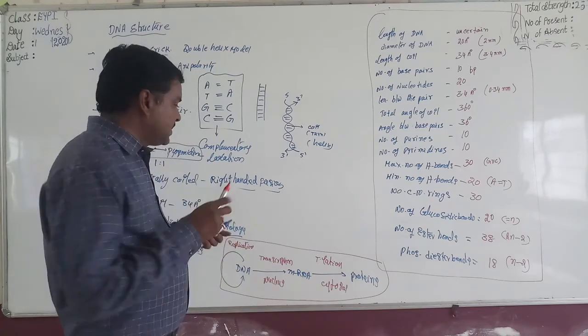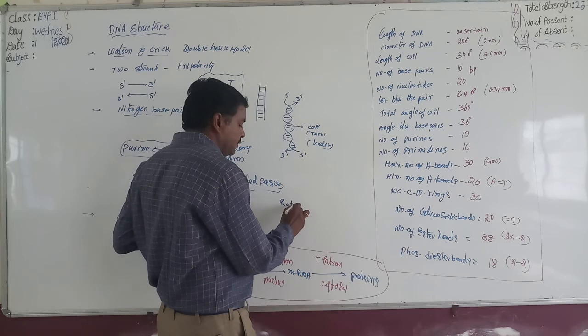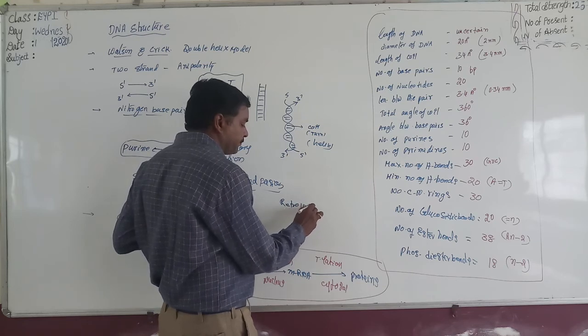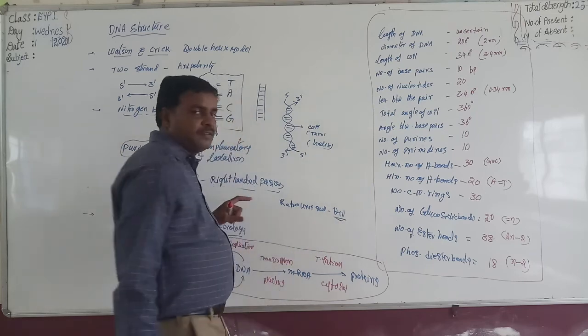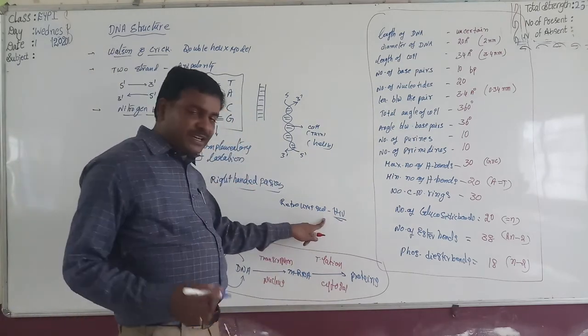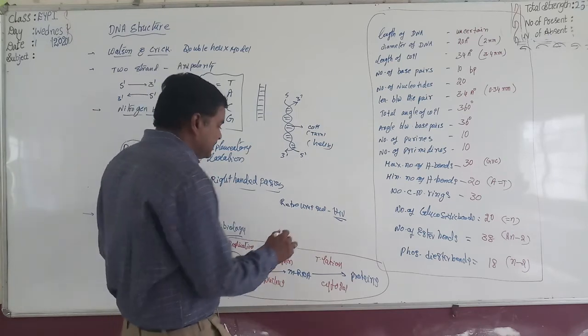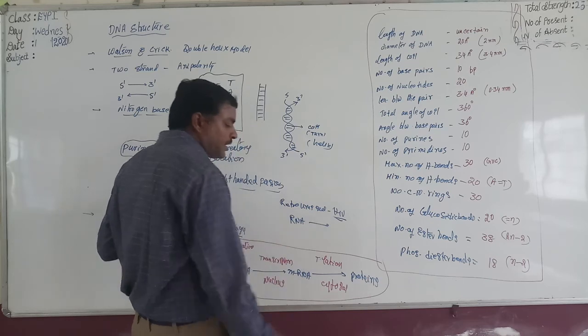Students, in some organisms, for example retroviruses, like HIV, which is one of the retroviruses. What is the genetic material of HIV? This is RNA.